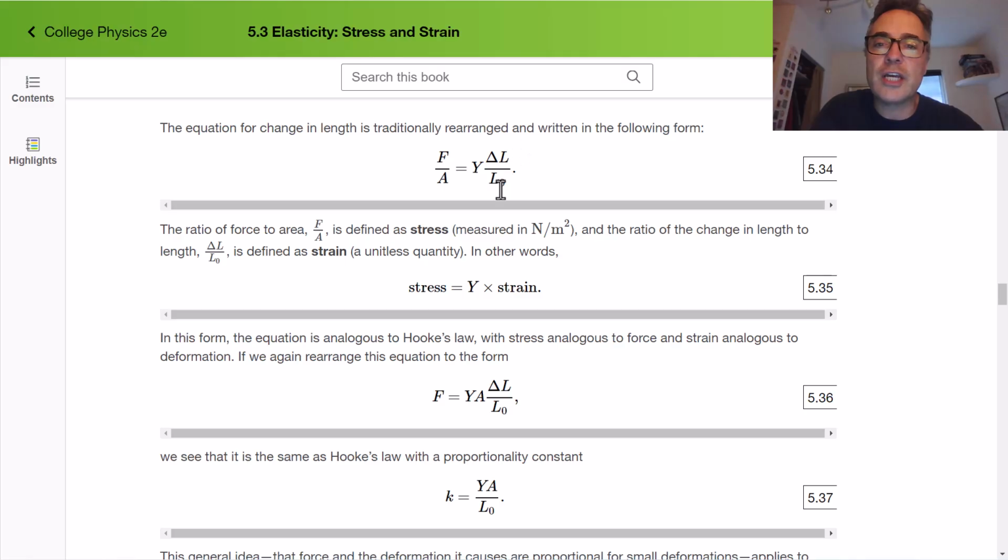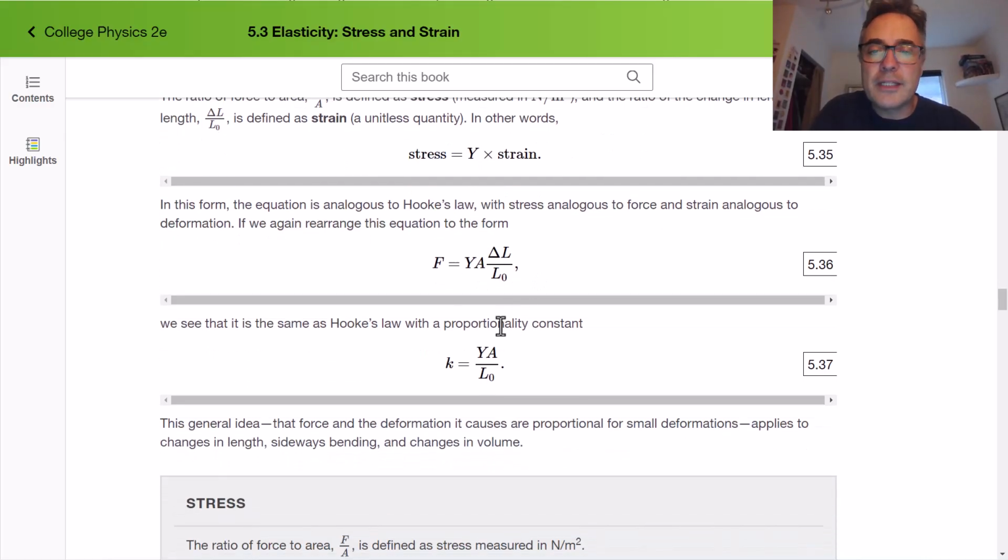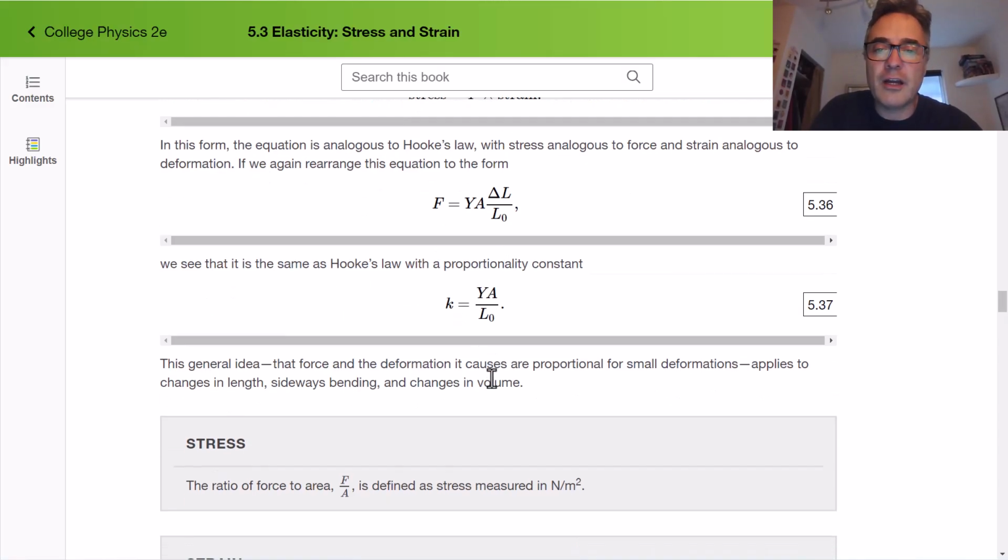So the fractional change in length is proportional to the pressure, the force divided by area, and that proportionality is the Young's modulus. Now you can really see that it's the same as Hooke's law. It's just that the proportionality constant is the Young's modulus times A over L, the original length.